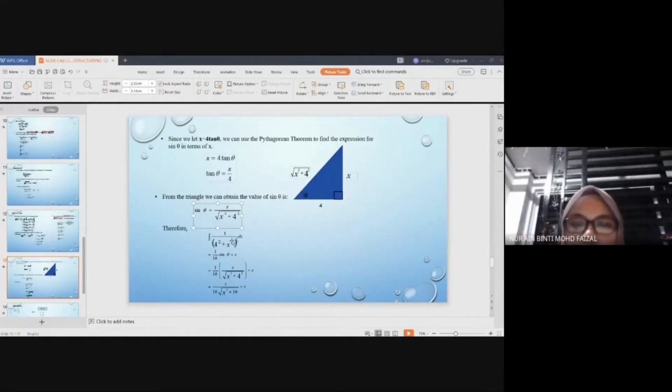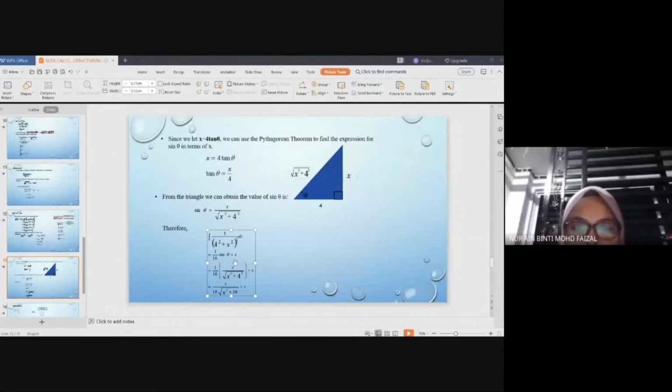Therefore, you will get the integral of 1 over (4 squared plus x squared) to the power of 3 over 2 dx, becoming like this: 1 over 16 sine theta plus c.